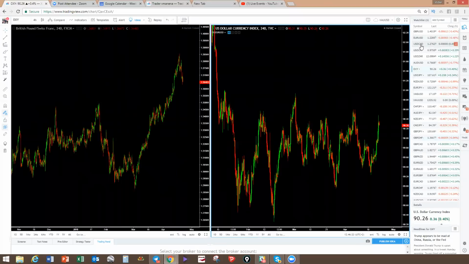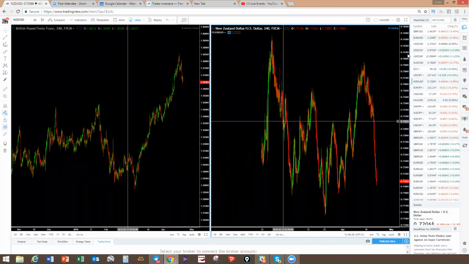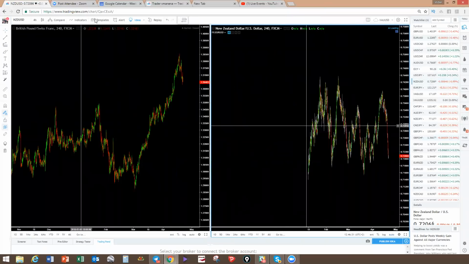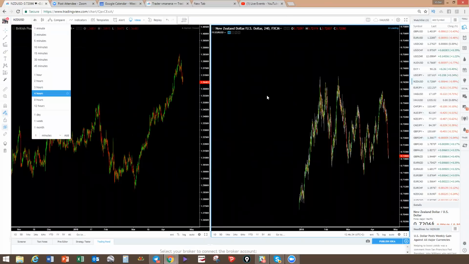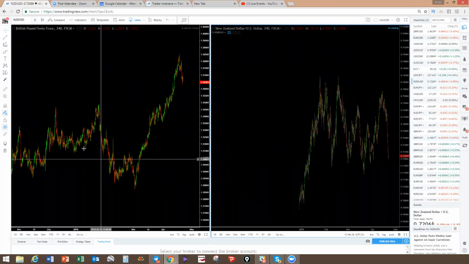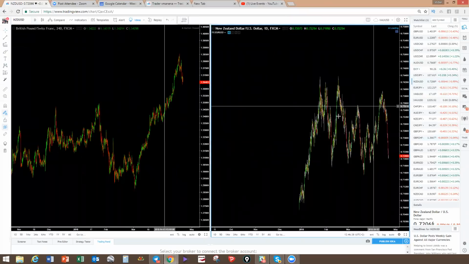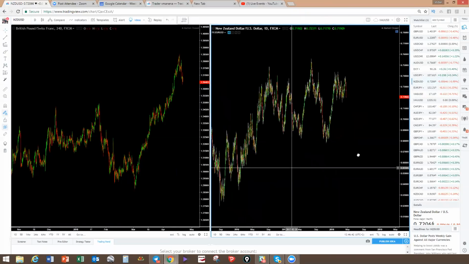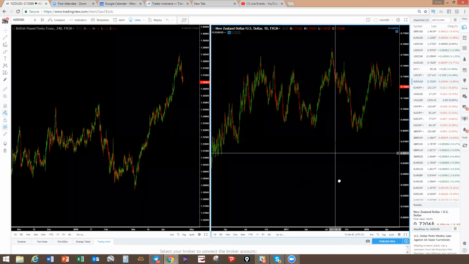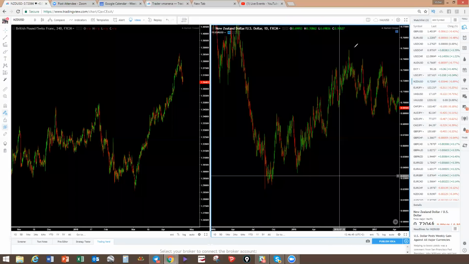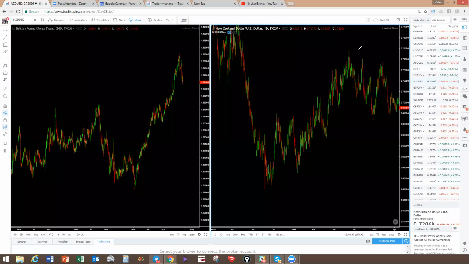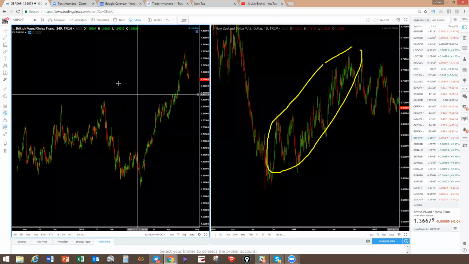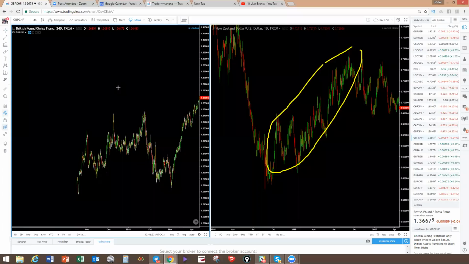It's similar patterns. I'm gonna show you. Look on the right hand side, and look how amazing this is. I'm gonna go daily on both. Daily on this one, and look at the pattern that is playing out. That's exactly the same as on New Zealand. So I want you to look at this pair on New Zealand, this one here, at this piece here, and on pound Swiss.